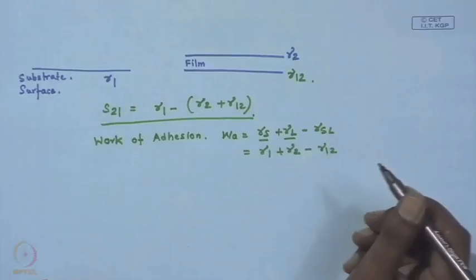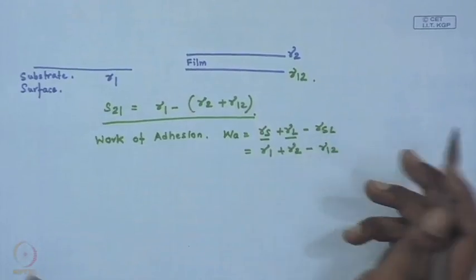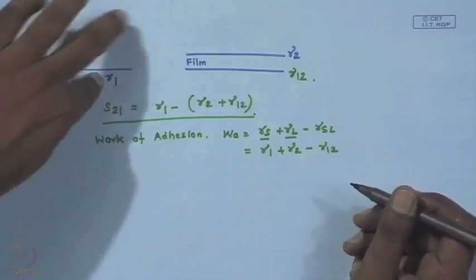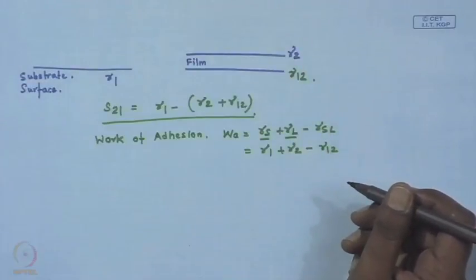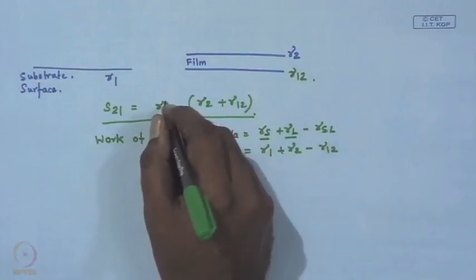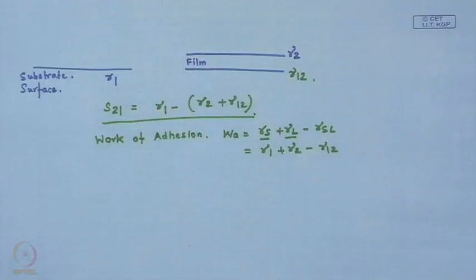So, this is the work of adhesion, which can be regarded as the addition of the total surface energies minus the interfacial energy, but the spreading coefficient is defined as the energy per unit area before minus the energy per unit area after you have coated. So, in simple terms, let us see what it means.